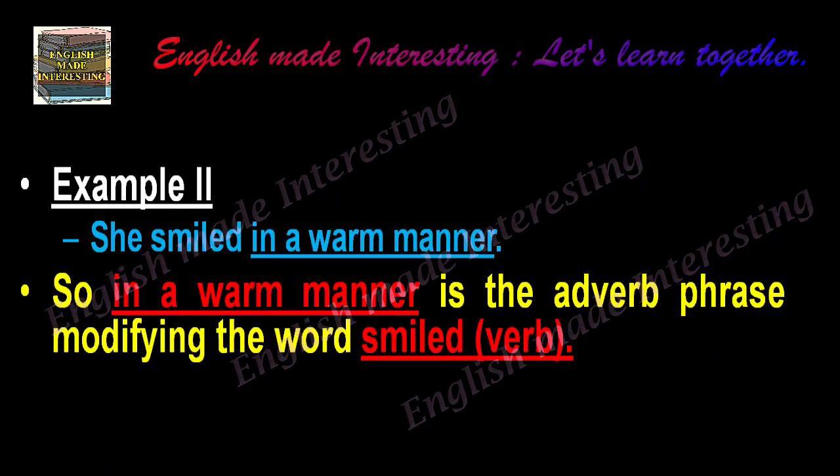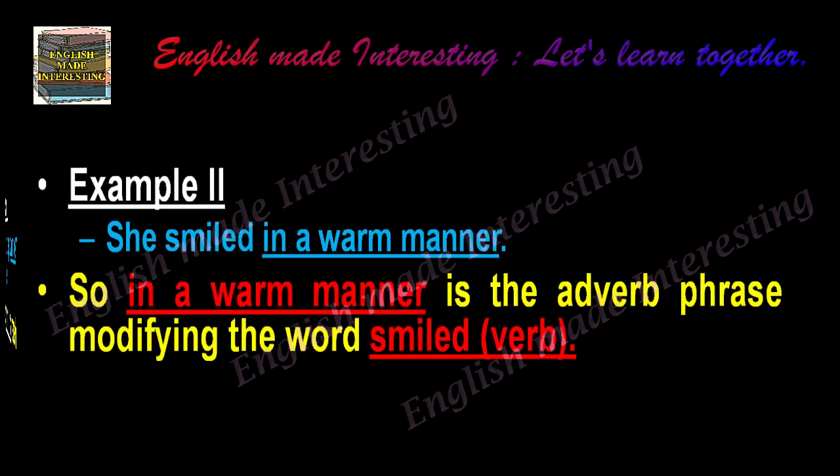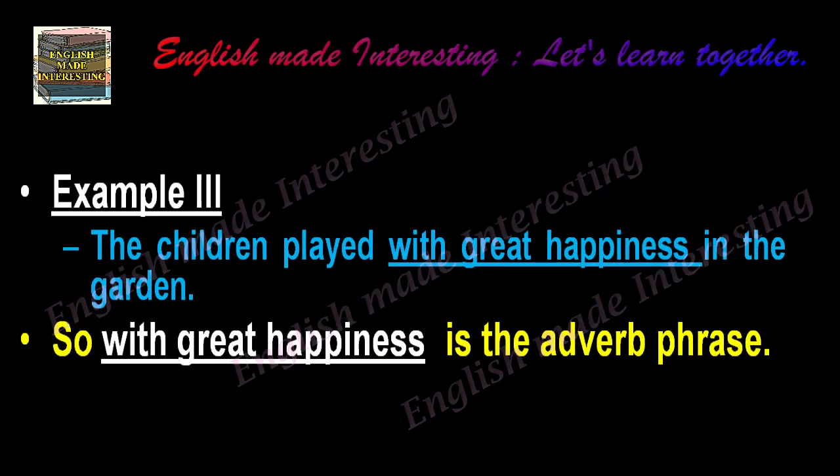Now look at the next example. She smiled in a warm manner. So, in a warm manner is the adverb phrase modifying the word smiled, which is the verb in the sentence. Now look at the next example. The children played with great happiness in the garden.